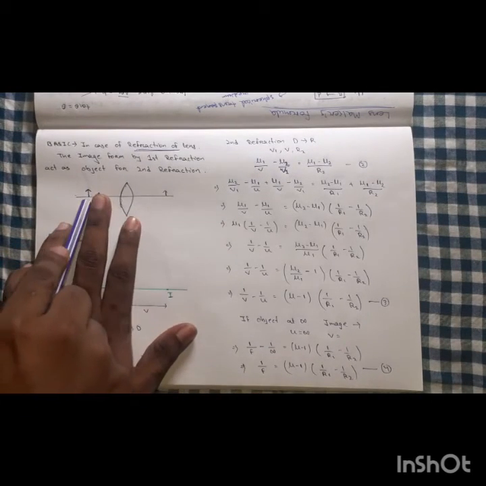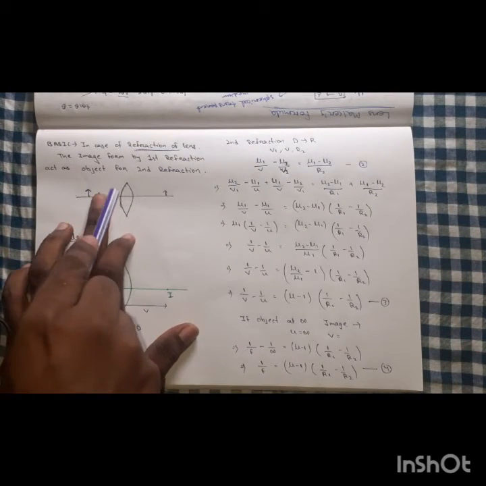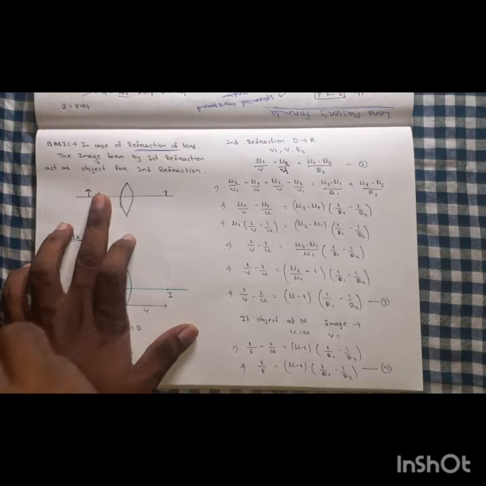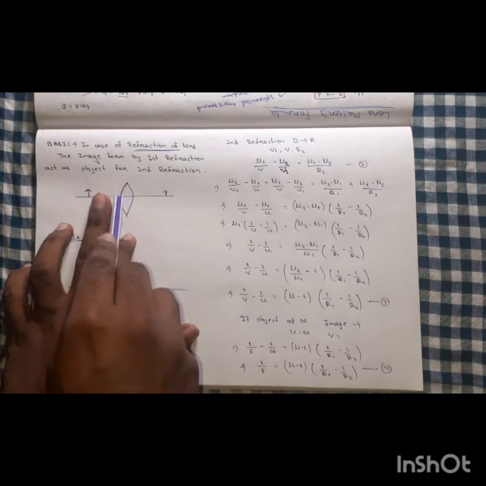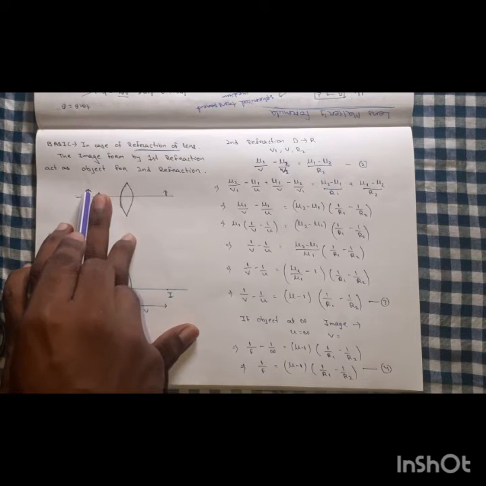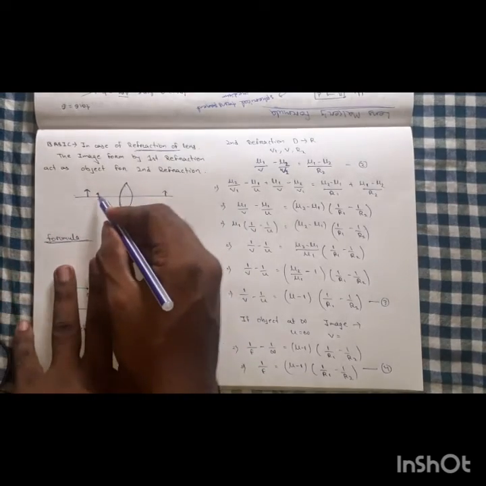It is the first object. Due to two surfaces, there will be two refractions. For the first refraction, this AB is the object. Due to the first refraction, an image will form.